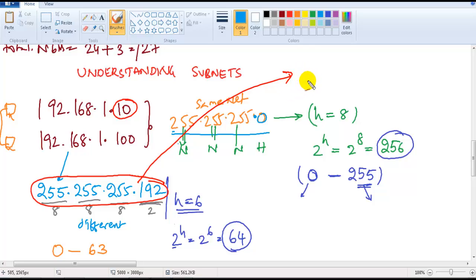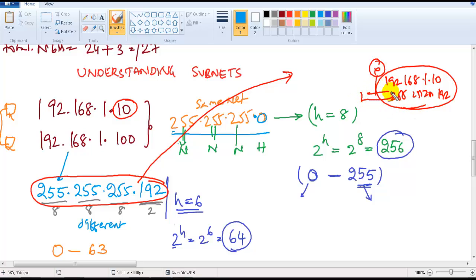So whenever you see a device with an address 192.168.1.10 with a subnet mask of 255.255.255.192, you need to understand that the users sitting in the LAN are given IP addresses in the range of 0 to 63, because of this IP address, this range, and this subnet mask.